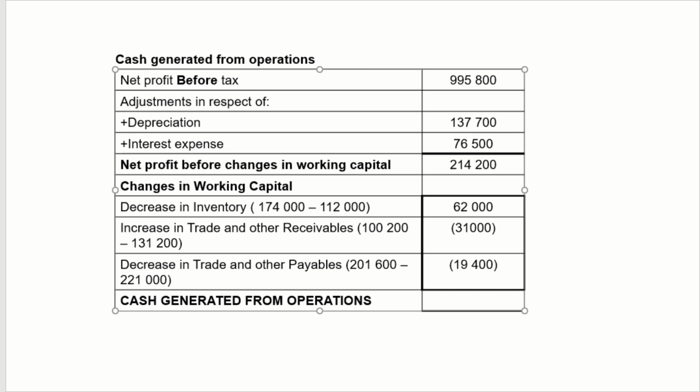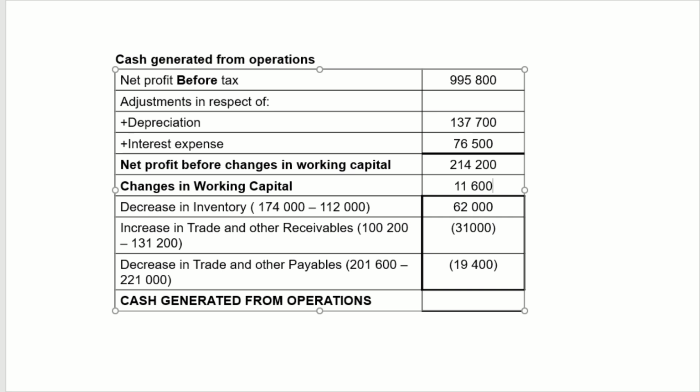Then from here, all you do is take this amount and work these three out to get the changes in working capital. Our amount after totaling these three out will be 11,600 rands. Everything you calculated with its sign, you're going to say 62,000 minus 31,000 minus 19,400 rands.